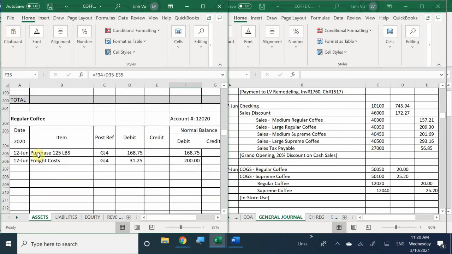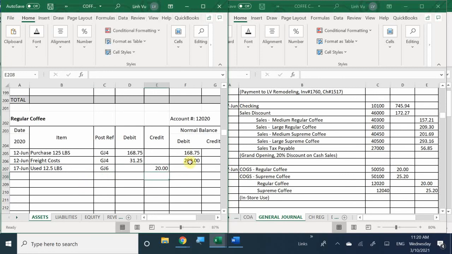Here I am, regular coffee. So again, same thing here. I'm going to note that I used 12.5 pounds of the regular coffee. General journal 6 once again, and this time I'm going to credit my account by the 20.